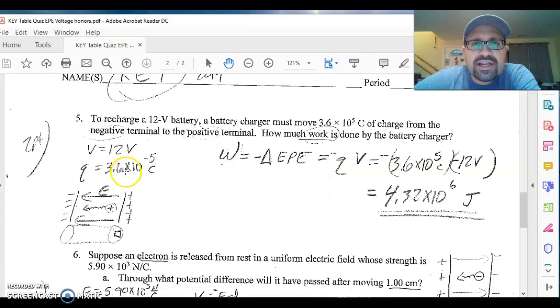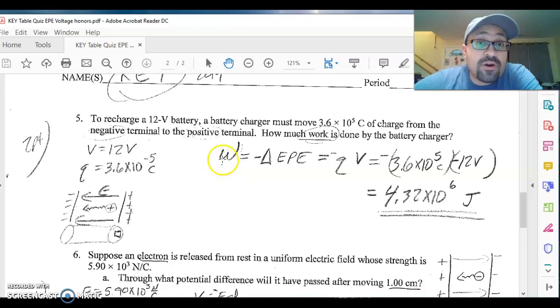So here if we take Q times V, we find out we get about 4.3 times 10 to the 6 joules of work. The reason there's a negative sign here is because, let's say you use a bowling ball analogy for a moment. If an object changes its energy state, it must have been worked on.